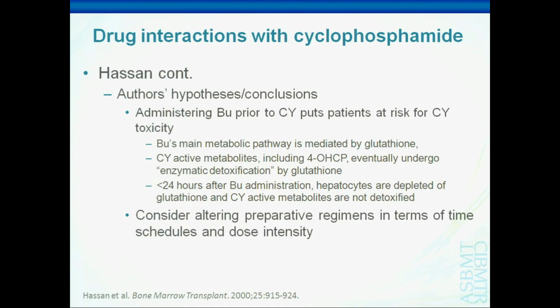So, if you are to administer cyclophosphamide less than 24 hours after the last dose of busulfan, hepatocytes may be depleted of glutathione, and Cy active metabolites are then not detoxified. And they concluded and recommended that you should consider altering preparative regimens in terms of time and schedules and dose intensity in those patients receiving busulfan and cyclophosphamide.